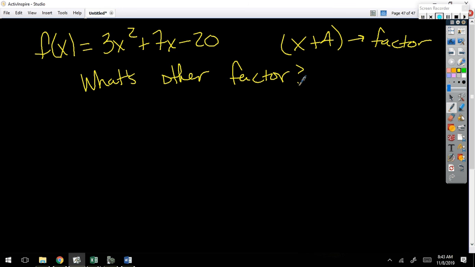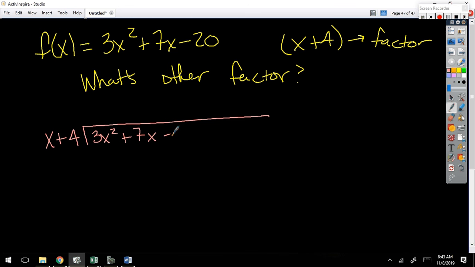Long division. This is long division, and then I'm going to show you synthetic so I can show you how it parallels. This is a quick one because it's just a quadratic divided by a linear function.